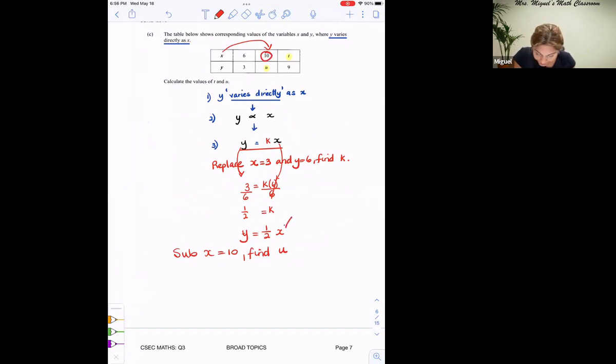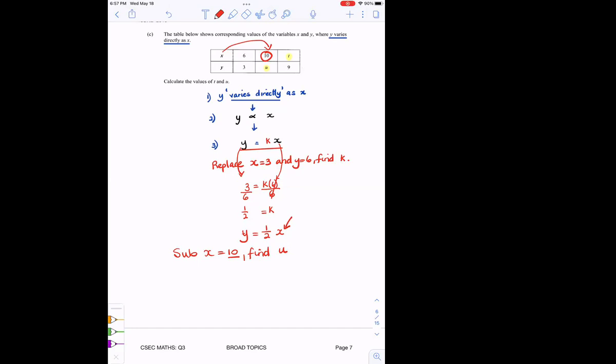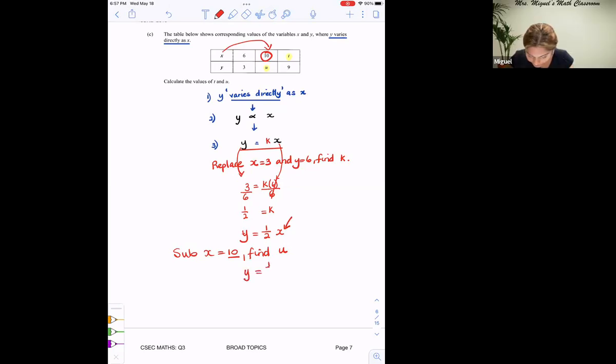So replace x with 10 and find u. You will find y equal to five. All right. Y is equal to a half of 10, which is 5.